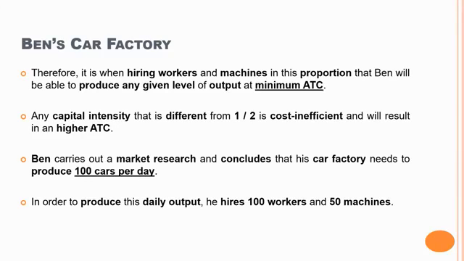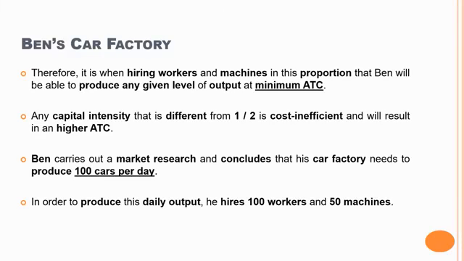So in this case, let's just make an assumption that if Ben wants to produce 100 cars per day, he will need 100 workers and 50 machines. So you see that capital and labor are combined efficiently in this case, 2 workers per machine.